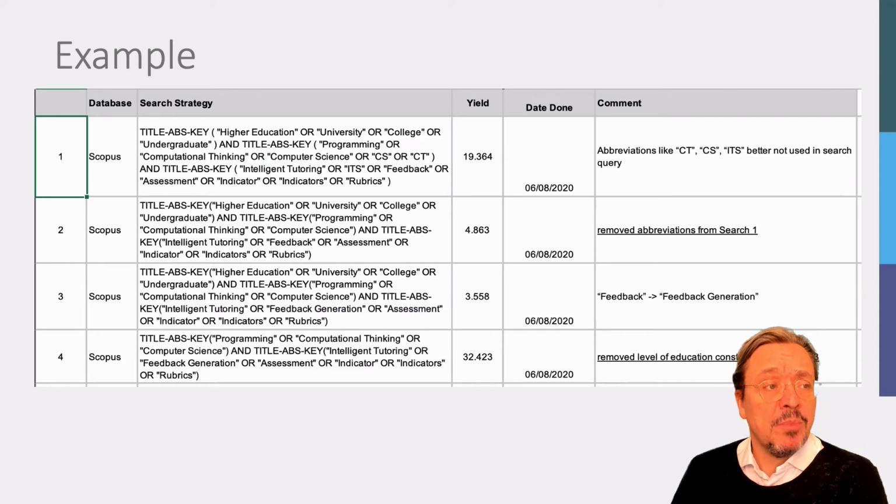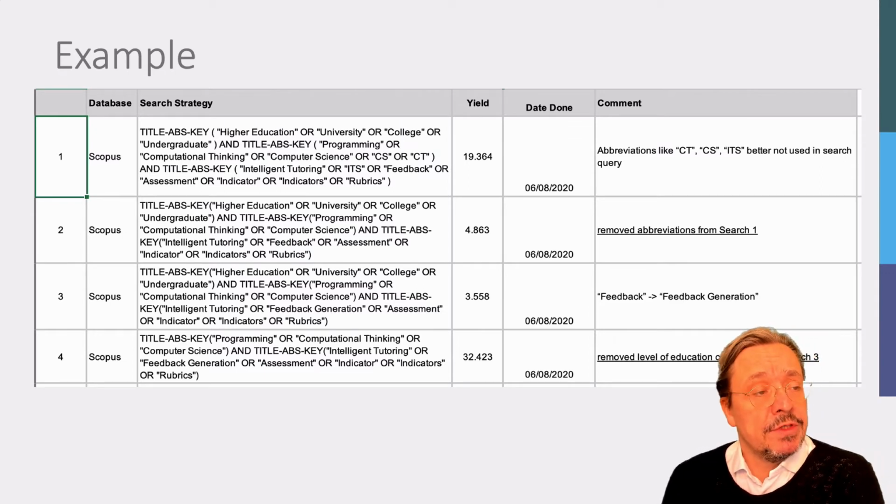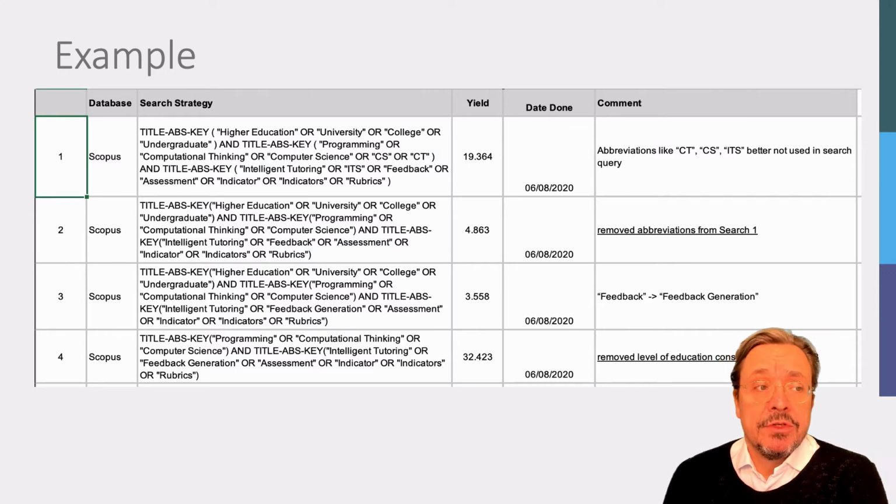Here you see an example of what we typically do. You see a more complex query in the first search strategy. You're searching for title, abstract, and keywords, in that case for higher education or university or college or undergraduate, so different educational sectors.